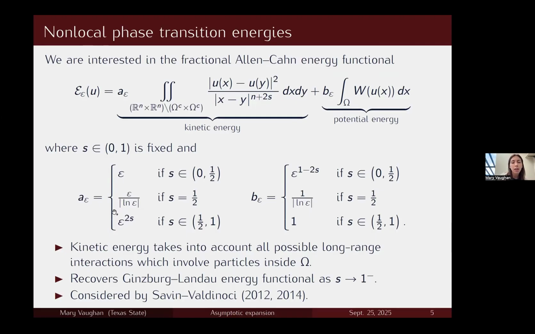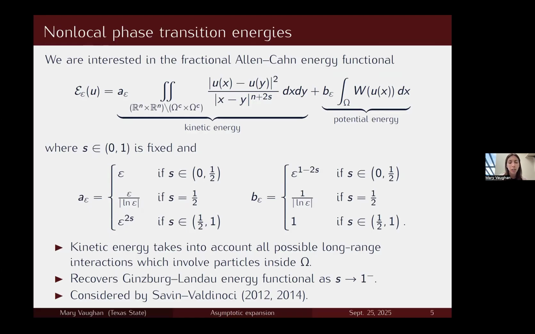And you see that in the coefficients as well. For the coefficients, the scaling with epsilon depends on the value of s. You have this critical value s equals 1/2, where the scaling changes when you're below 1/2 or above 1/2, both in how you scale the kinetic energy and the potential energy. And this is the correct scaling.